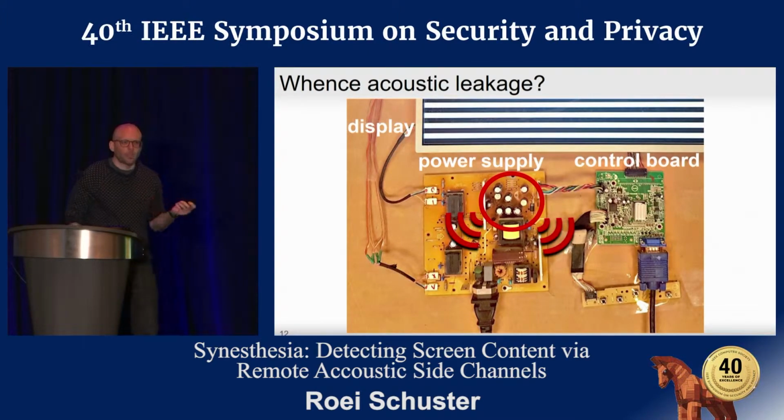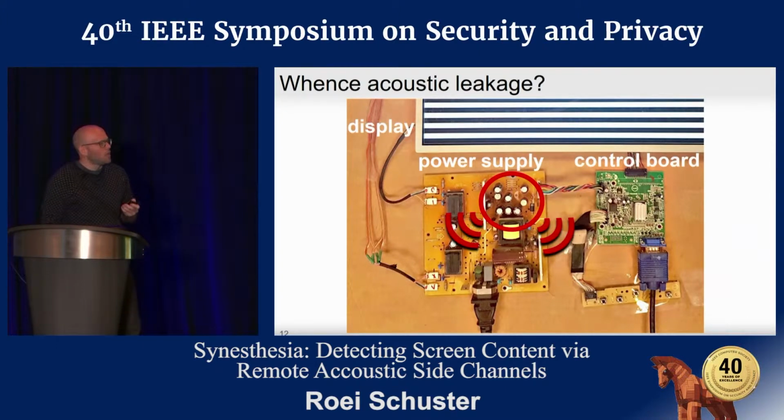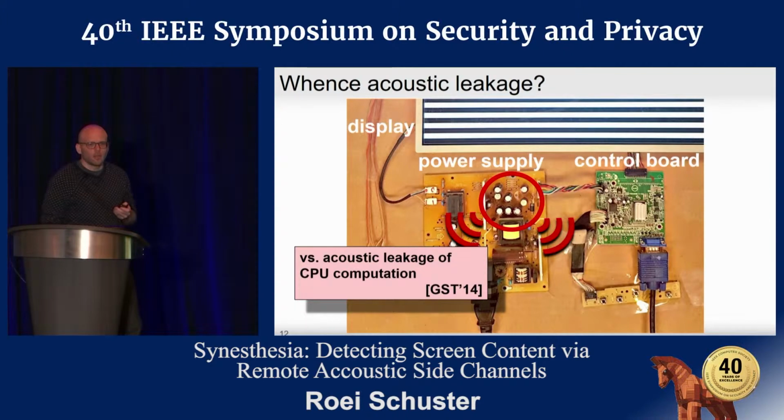We can conjecture that it stems from different power draw when you render different intensity pixels. We've seen a similar thing before in our own lab with Genkin et al.'s 2014 acoustic cryptanalysis, but that was for computation, not for visual content.